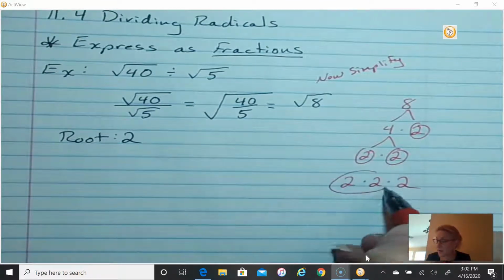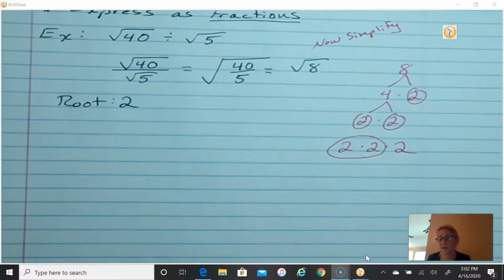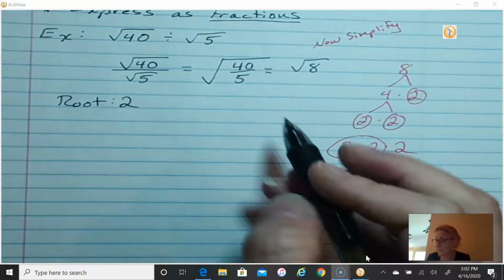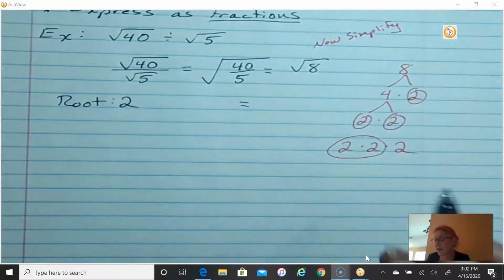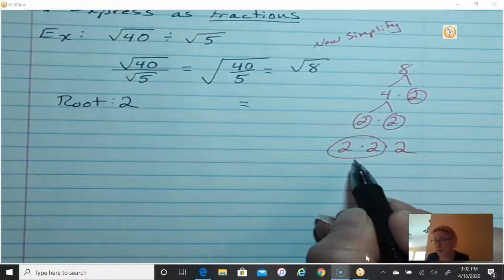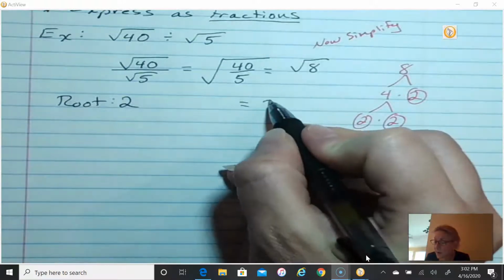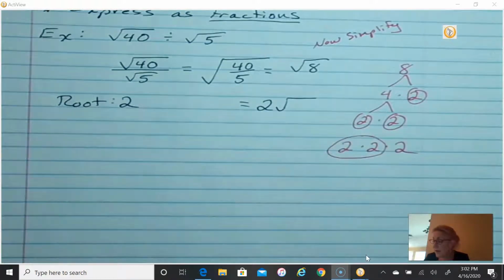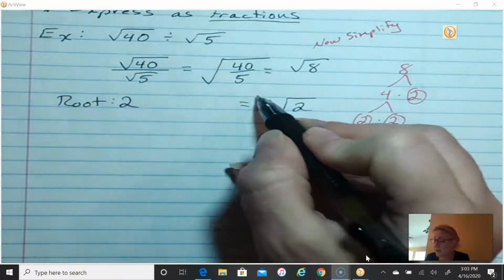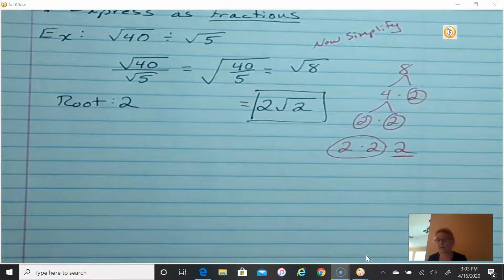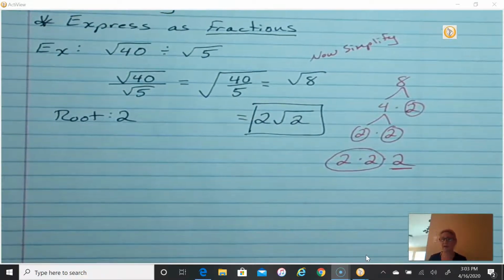So I'm going to circle my groups of 2. That group of 2, remember what happens with that? It goes on the outside, and the one left over goes on the inside. And there you're done. Okay, so look back over that and see if you understand what I just did.